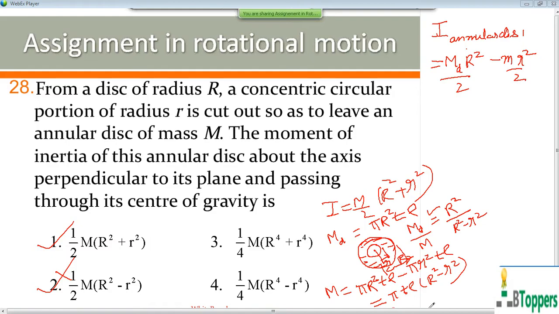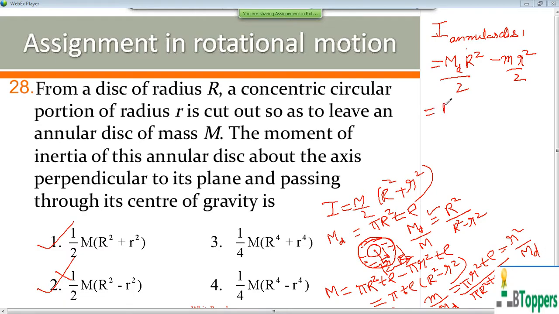And small m by M_D: small m is the mass of the small circular disk which is removed, that is pi into small r square into t into rho, divided by pi into capital R square into t into rho. That is small r square by R square.